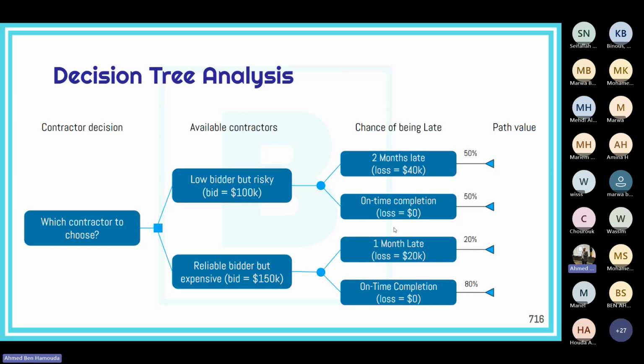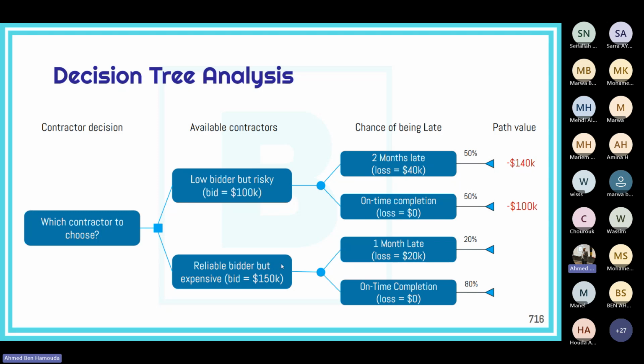Let's start with the low bidder. In case they are delayed by 2 months, as happened in 50% of the previous projects, this path will cost us 140,000, which is 100,000 for the machine plus our loss of 40,000 for those 2 months of delay. However, if we get lucky and we are one of those 50% who got their delivery on time, this path will cost us only 100,000.